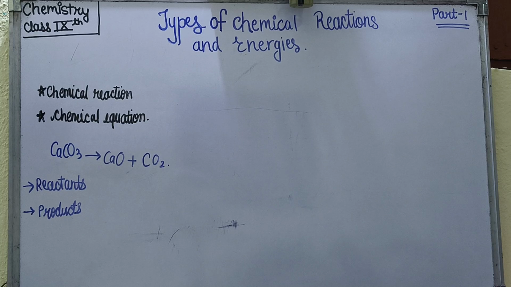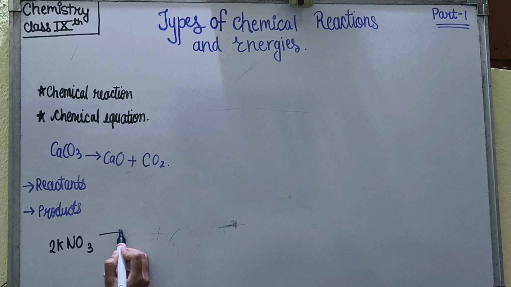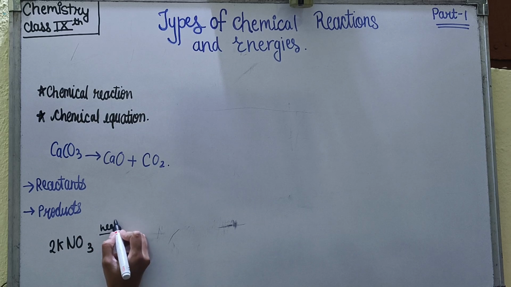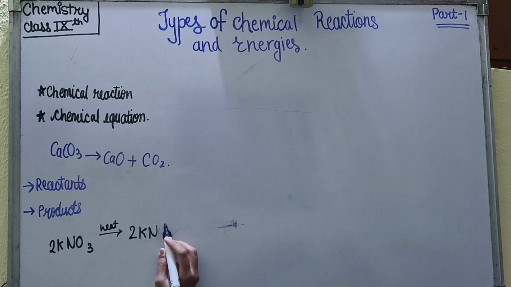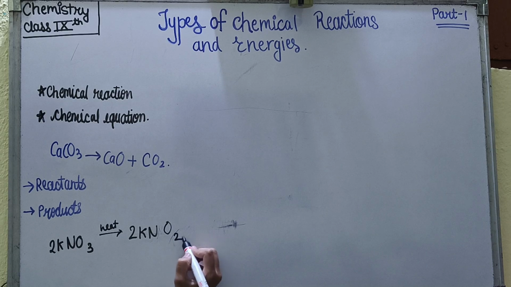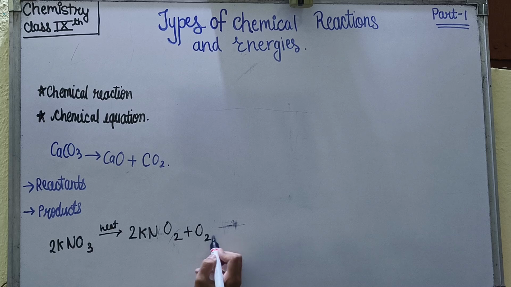Now, the information conveyed by a chemical equation. So, let us take the chemical equation over here as 2KNO3 gives, on heat, 2KNO2 plus O2.